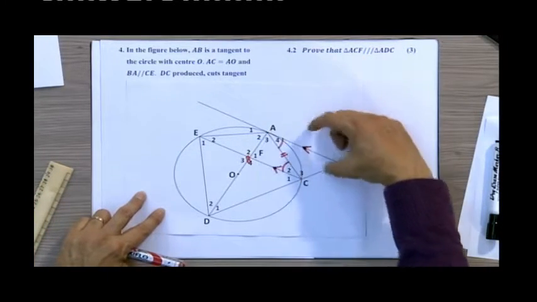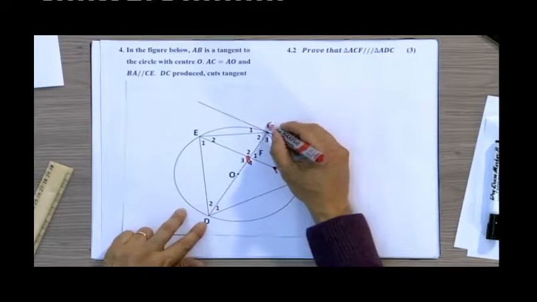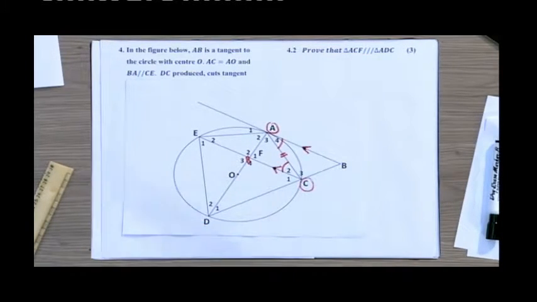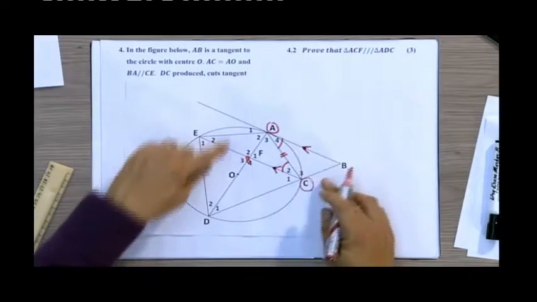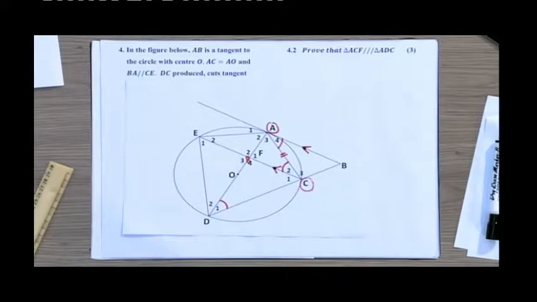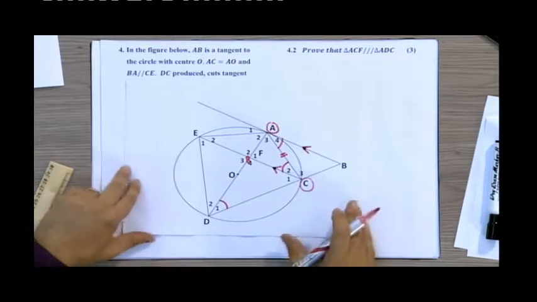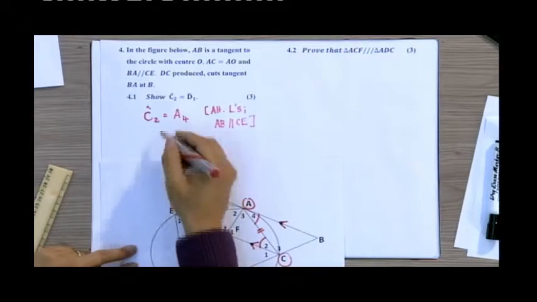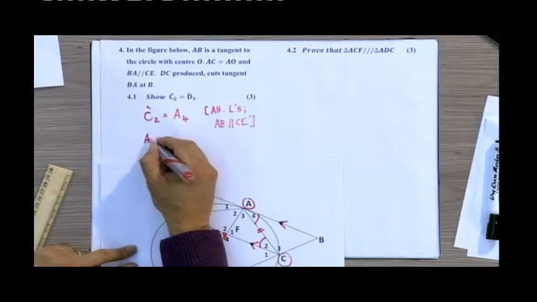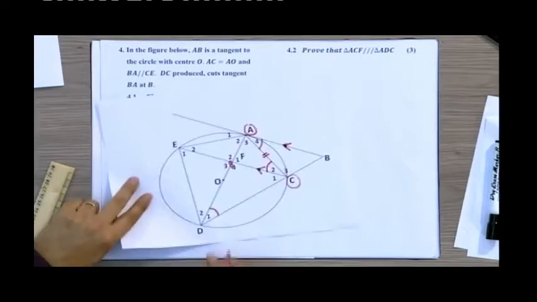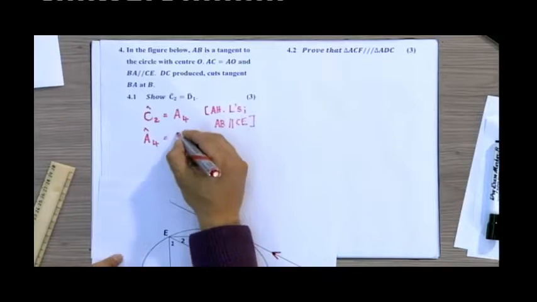Which angle subtend? Let's look at these two. These are the chord. Which other angle is subtended by A and C? So if we go up, we can see this D1. You see that, guys? So now we can immediately say, so therefore, A4, right, angle A4 is equal to angle D1.